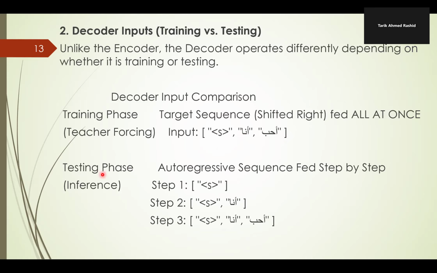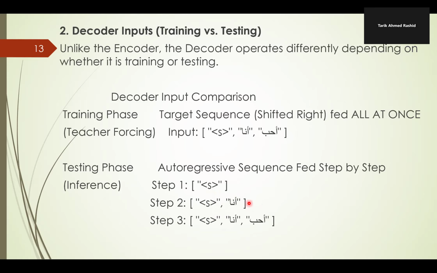However, the testing phase, which we call inference, is done in a mode we call autoregressive, step by step. In the first step, we feed in the start token and get a predicted token, which is ANA. Then ANA, the predicted token, will be added to the previous step, and they will be fed in the next step to the system.